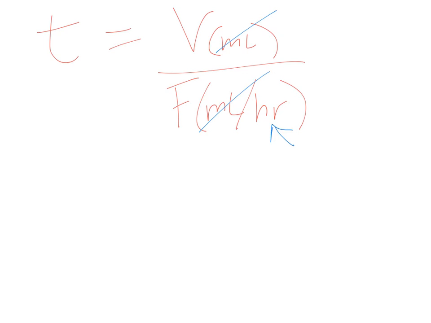As far as flow rate, though, flow rate will always be given to us as milliliters per hour, so you don't have to worry about converting anything on that. The example problems for our time formula are on the bottom of page 276.